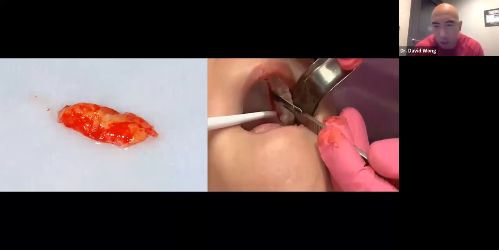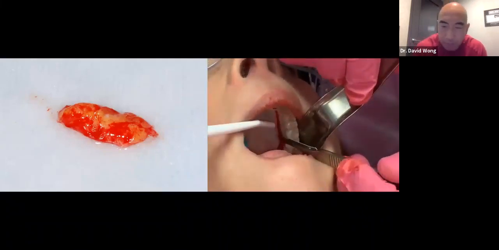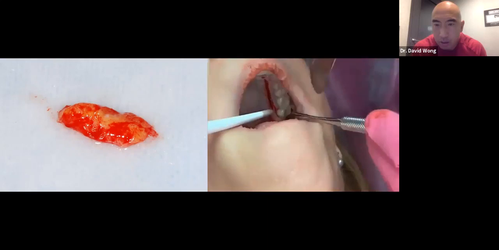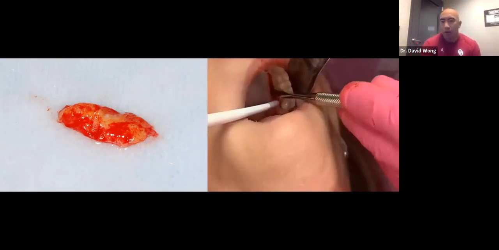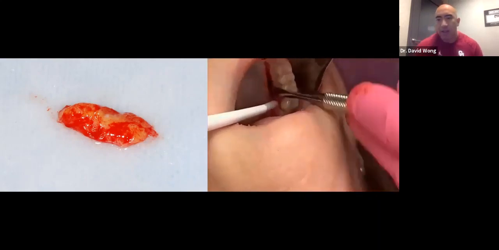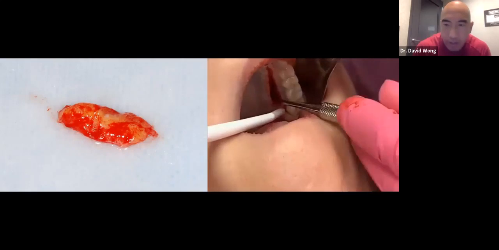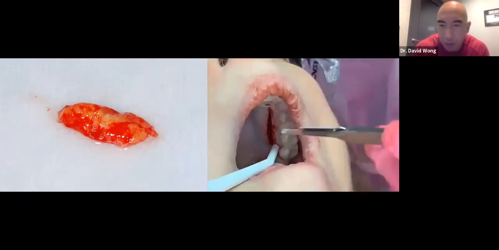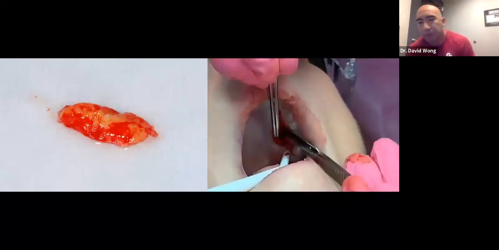And then we're just going to sharply dissect with 15 blades, which is how I like to do it. This is just going to be a nice little blunt dissection with a periosteal elevator. And then after that, the tissue is released from the palatal bone. Then we'll come back in and just sharply dissect the rest of it out of the donor side here.